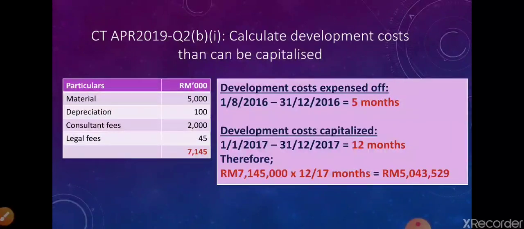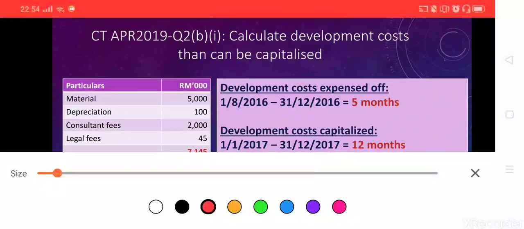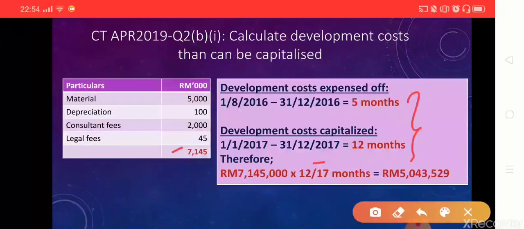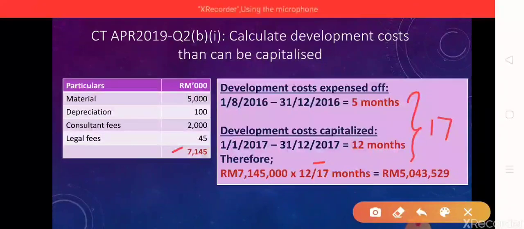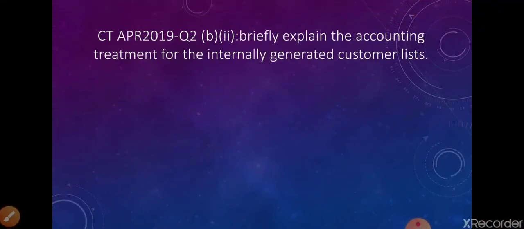So therefore, the total cost just now, which is 7,145, right? 7,145 times 12 over 17, which is the total for the development phase, which is 17 months. Okay, so therefore the cost that can be capitalized is 5,043,529.